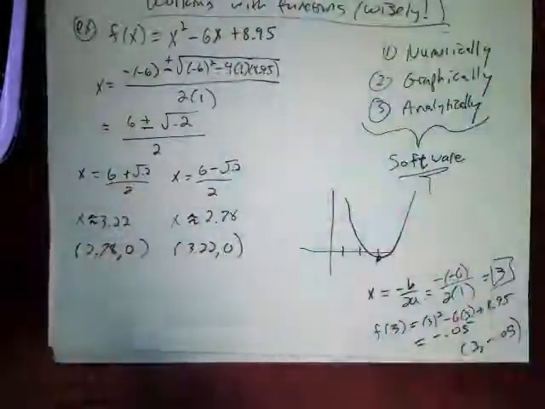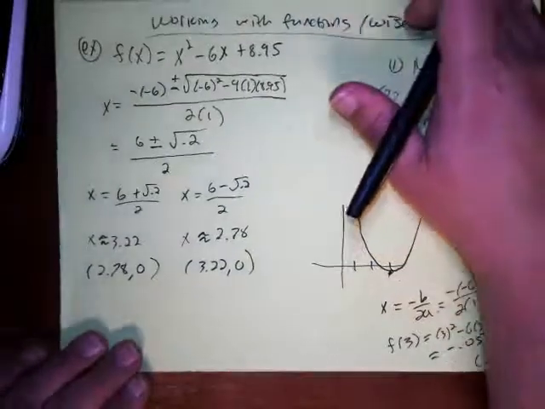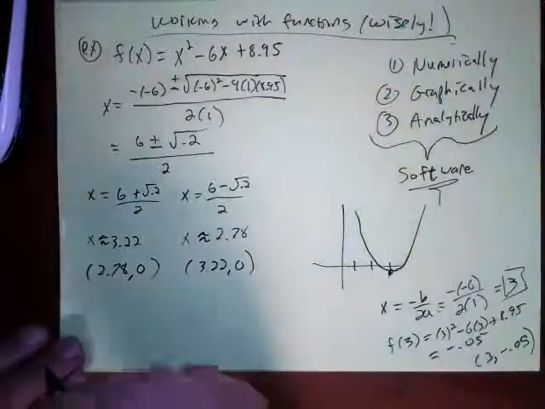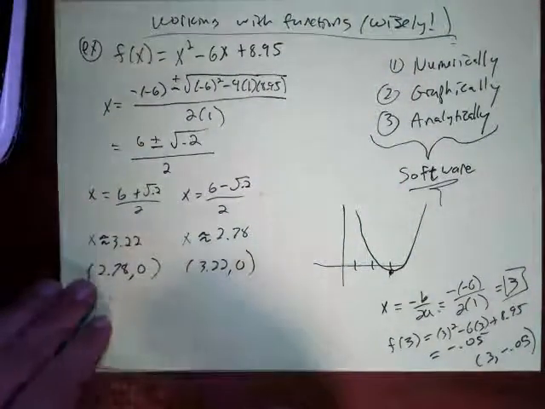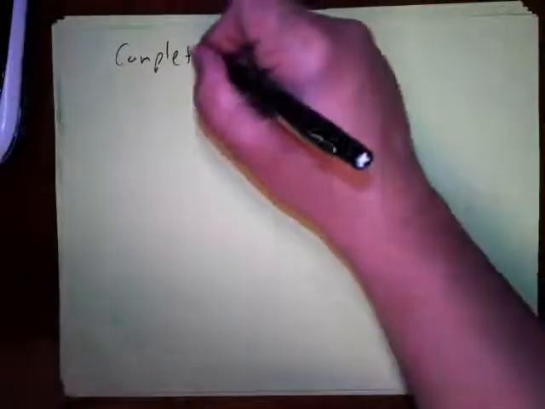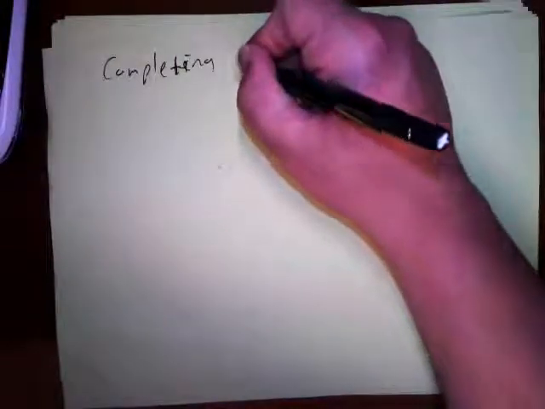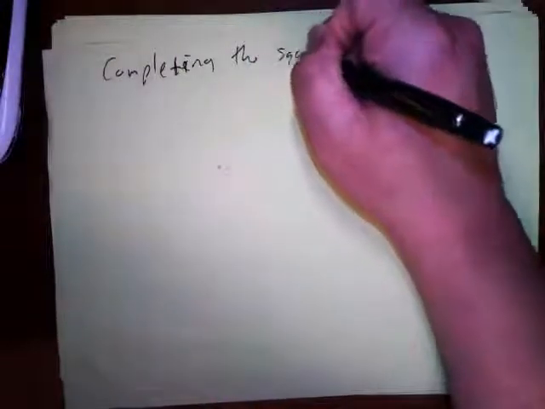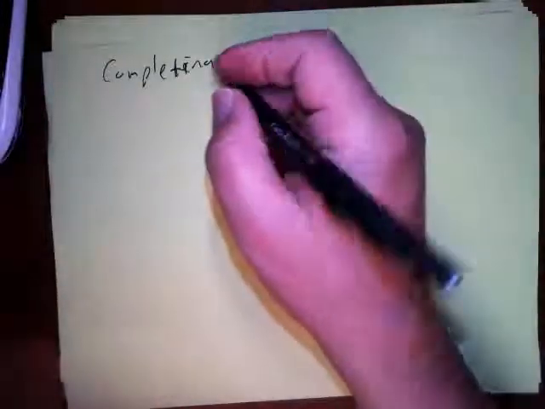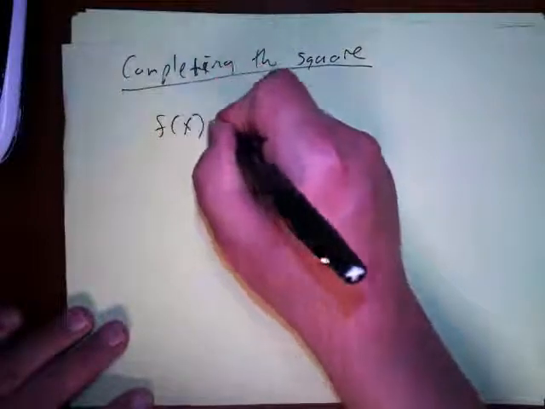Okay? Another nice thing that you can use, let me show you, is completing the square. I'm going to do this on a back here. And this just plays a role in many things. Completing the square. And here's what I mean by this.